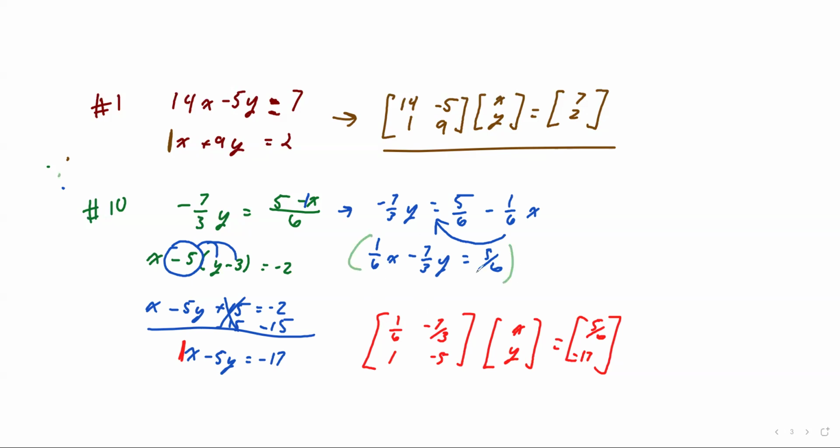You can get rid of the fractions by multiplying by the denominator of 6, giving you the x minus 3 goes into 6 2 times, giving you 14y equals 5. So if you wanted a cleaner version, you could write it as 1 -14, 1 -5, xy equals 5 -17. Both of these would be correct.